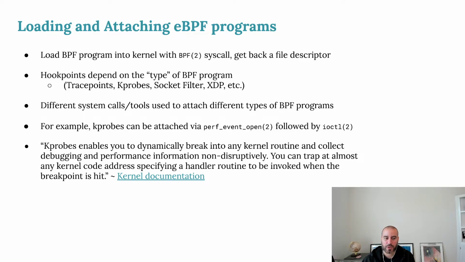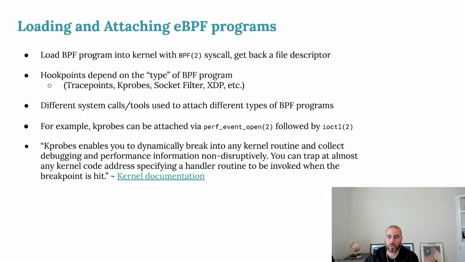The hook points that we talked about depend on the type of program that you're writing. This is a very small list of examples: tracepoints, kprobes, socket filters, XDP, which stands for Express Data Path. There are lots of types of BPF programs that you can write, and that type determines where you can attach them.